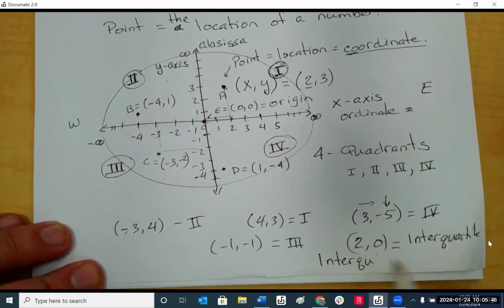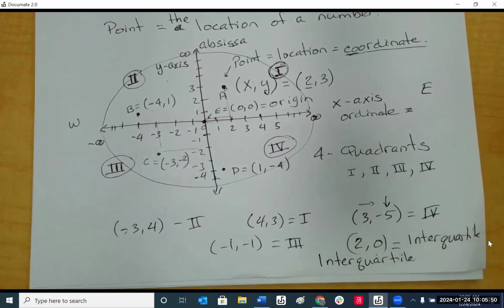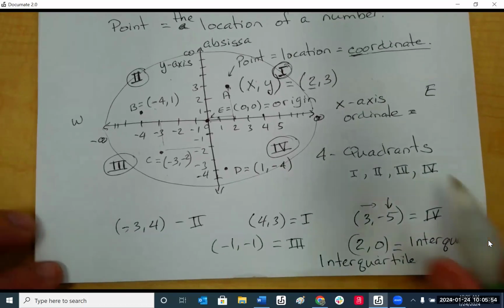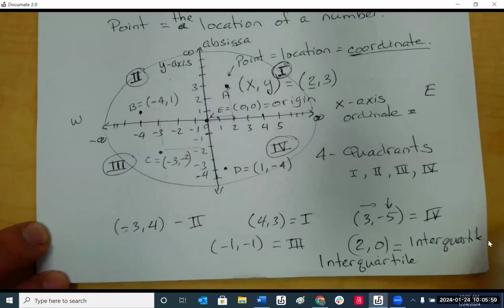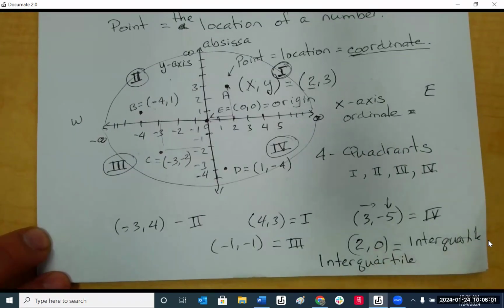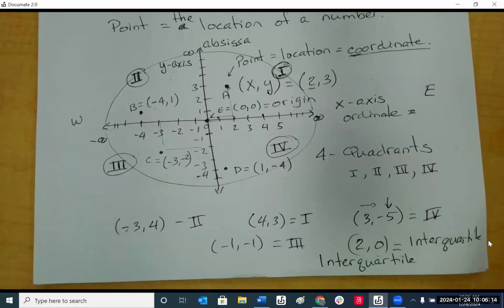Interquartile. It's between two quadrants. When it's interquartile, it's on one of the axes. This 2, 0 is on the x-axis on the positive side. So far, so good. Now we begin doing the equations.